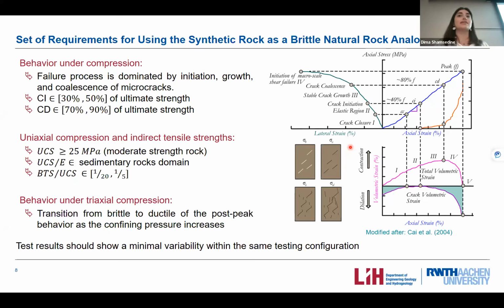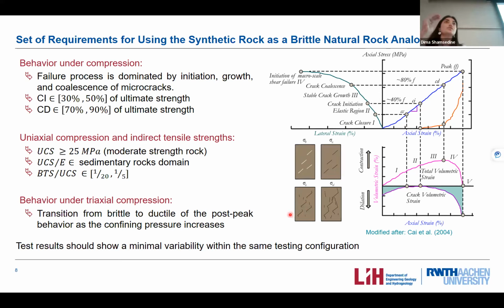As we further increase the load beyond the crack closure stage, microcracks and tensile failures will start to appear in the sample. We will have additional microcracks, and we can see that the tensile failures are happening at the tips of the existing fractures. This threshold is called the crack initiation threshold, in which we will start having failure inside the sample.